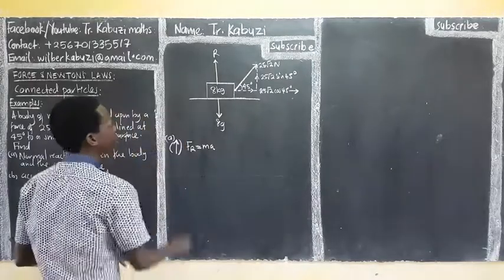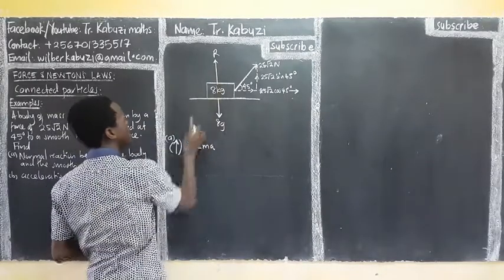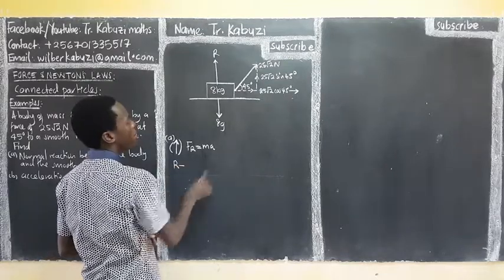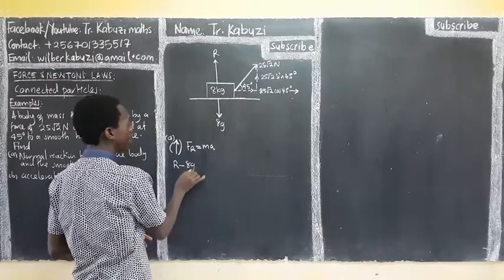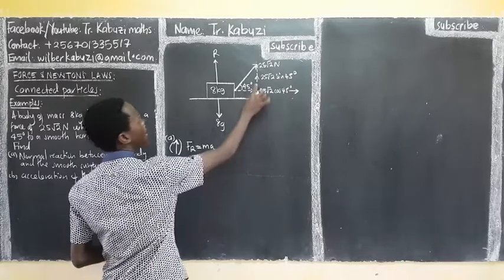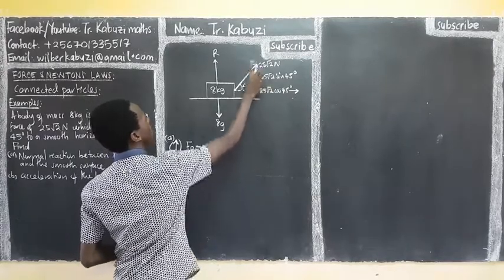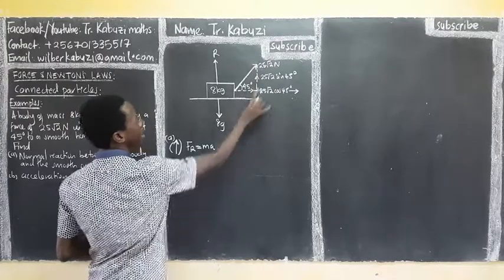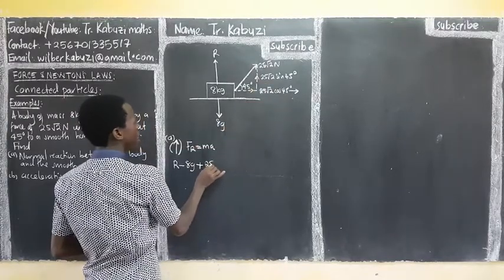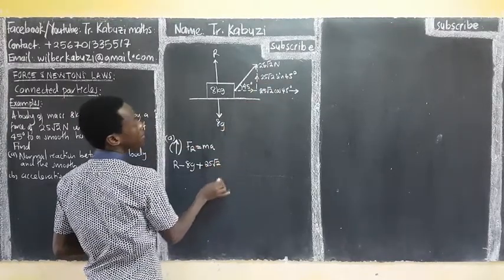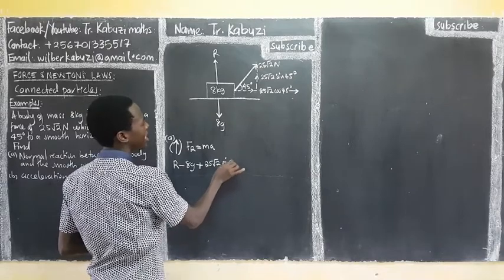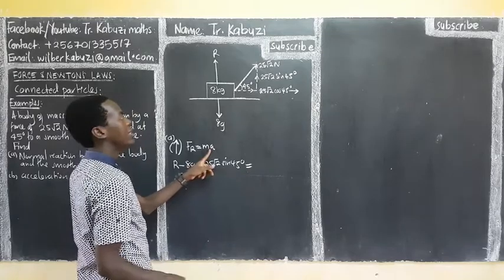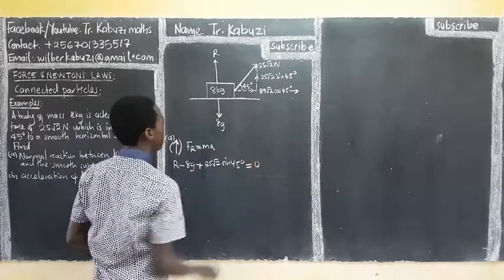Upwards, we have R, then minus the weight, which is pulling down, and we also have another one supporting, plus 25 root 2 sine 45. Because we have no acceleration upwards, this equals 0.